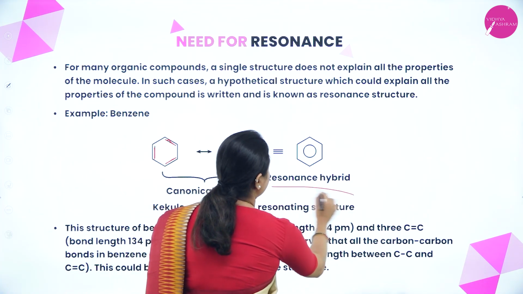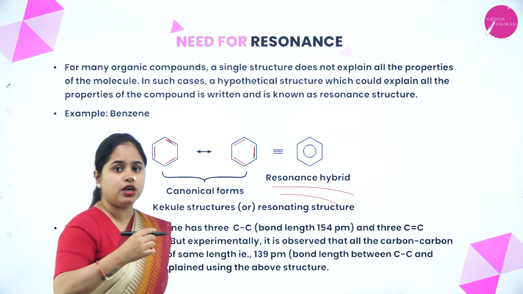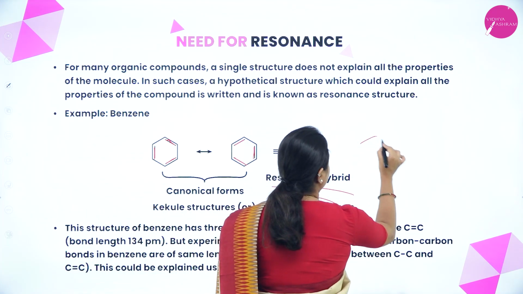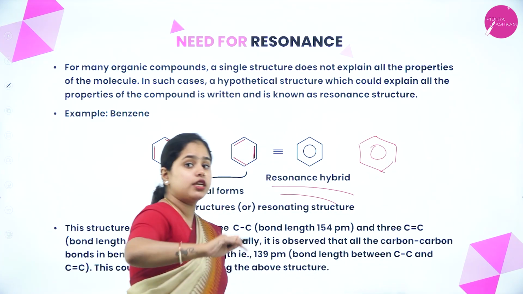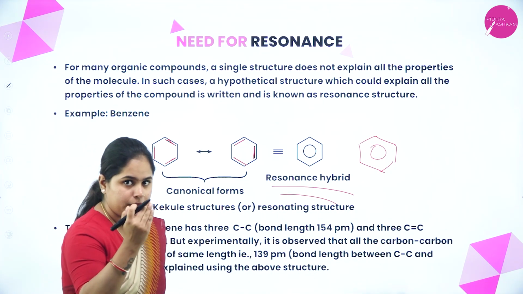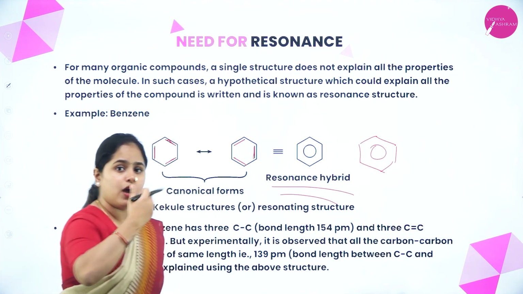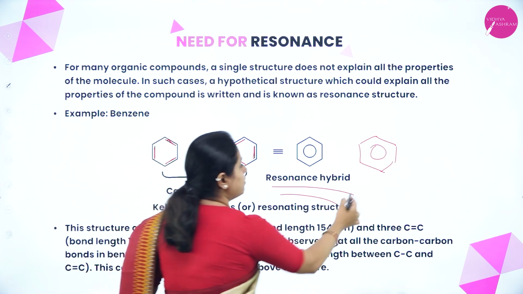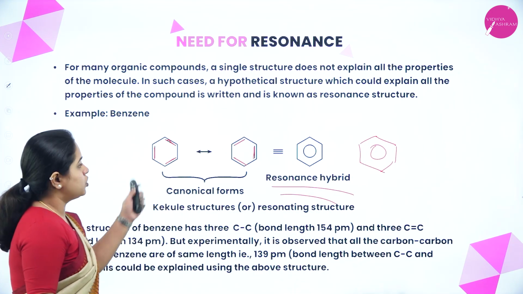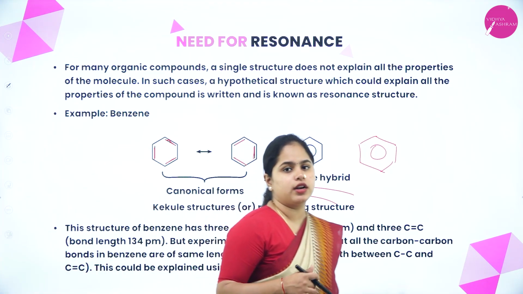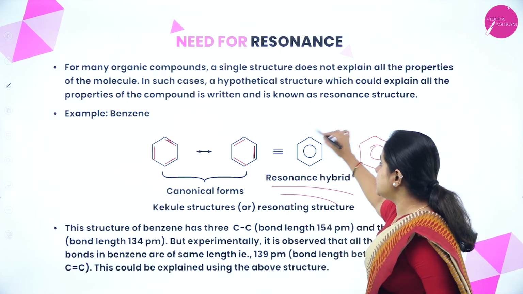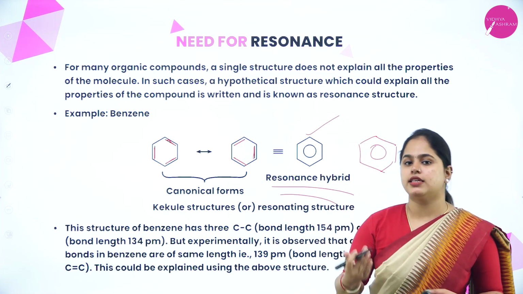How can you write the resonance hybrid? The benzene structure can be drawn with a circle in the center. That means continuous delocalization of pi electrons is happening, and the double bonds can occupy any positions. We can draw it with a circle here. So, these two structures are called the canonical forms, and the hybrid of them is called the resonance hybrid, and this will have the least energy and the highest stability.